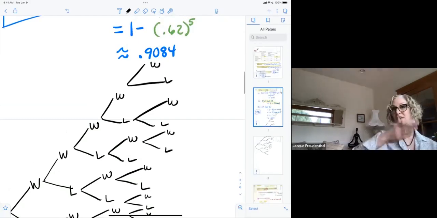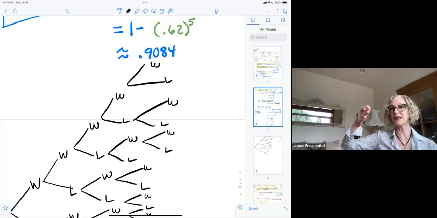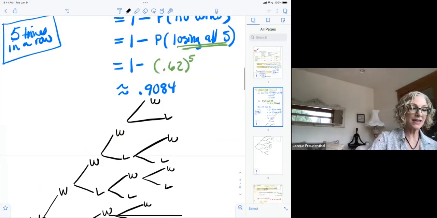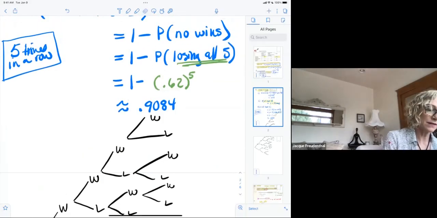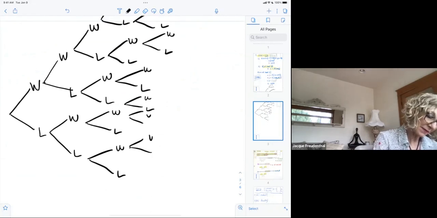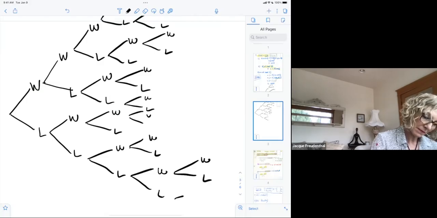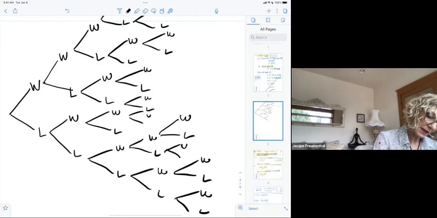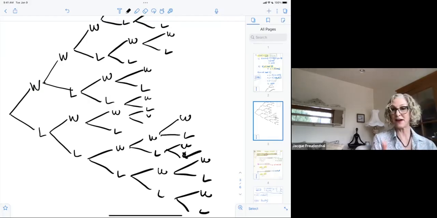So you would have 5 layers of a tree diagram. Let me finish down here just to give you a little more perspective. I'm not going to fill it all out, but you'd have 5 layers.